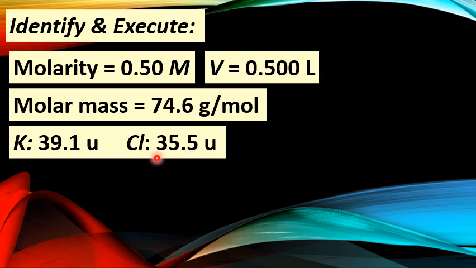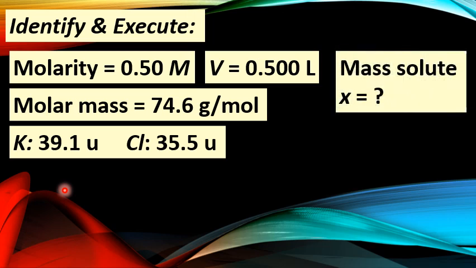So, the formula mass of potassium chloride is 74.6 atomic mass unit, which when converted or expressed in grams per mole, then that would be the molar mass of the solute potassium chloride. And our target variable is to determine the mass in grams of the solute potassium chloride, which we denote here as X.